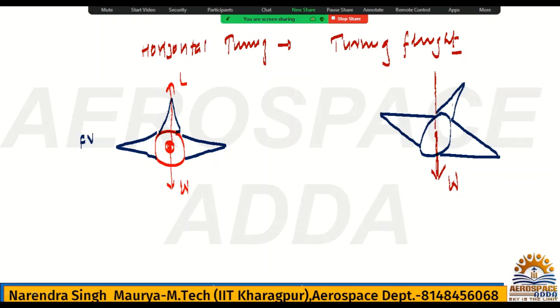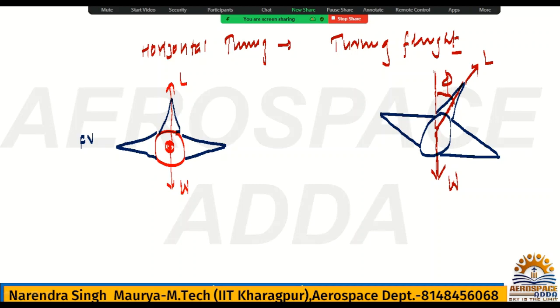Okay. And like from the previous diagram, if you check, this was lift. Yes or no? See, this was lift. So from the vertical, this lift force is making angle phi.